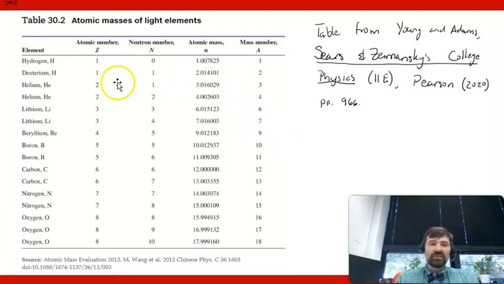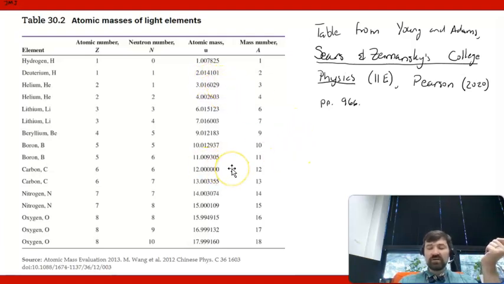This is only looking at relatively light elements. You'll notice that the atomic number is only up to 8, which is oxygen. This isn't looking at uranium or plutonium or any of the other heavy and radioactive elements. But it does give you your atomic number, your neutron number, therefore your mass number, which is the sum of these two, and your actual atomic mass out to several digits of precision.